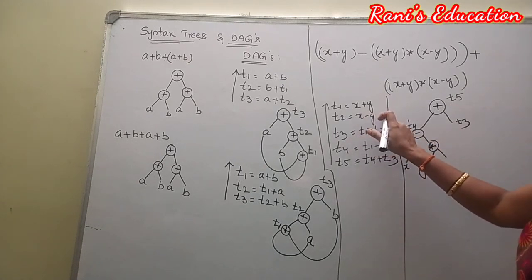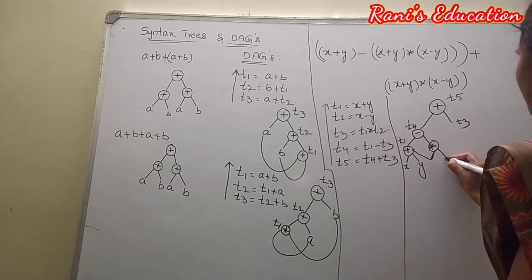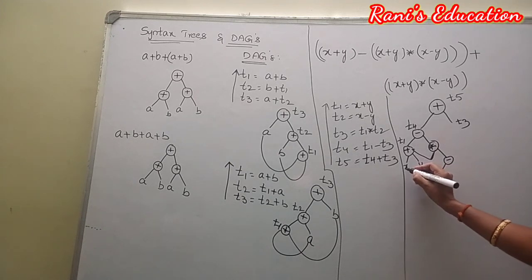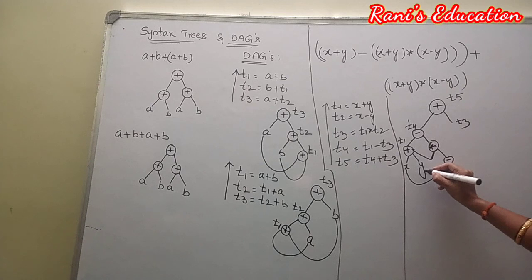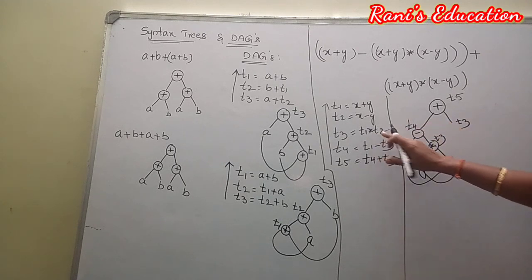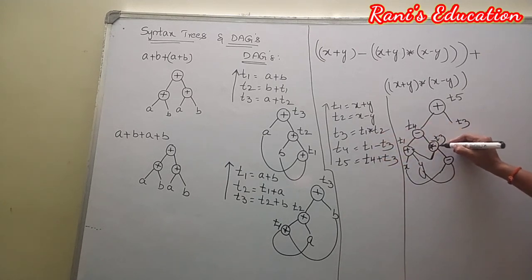T2 is x minus y. So operator is minus, left is x, right is y. Now move on to this T3. T1 into T2. You directly move on to this node.